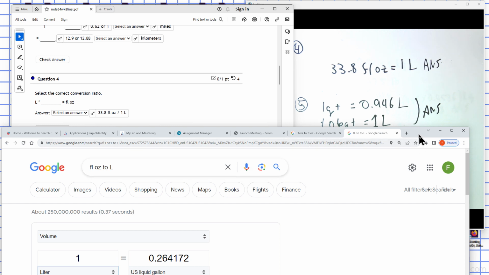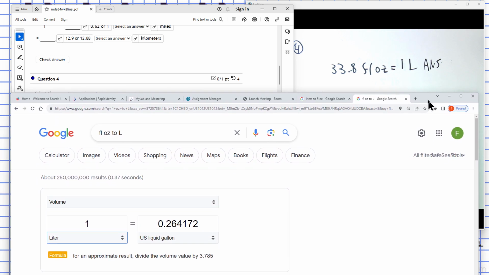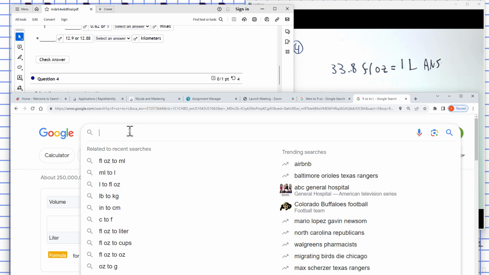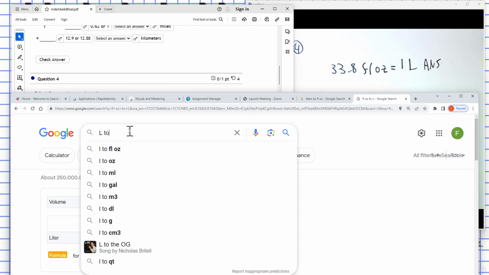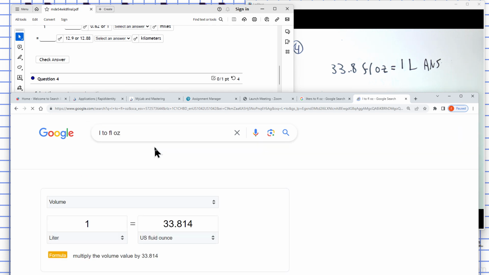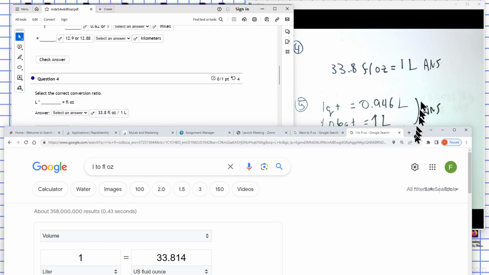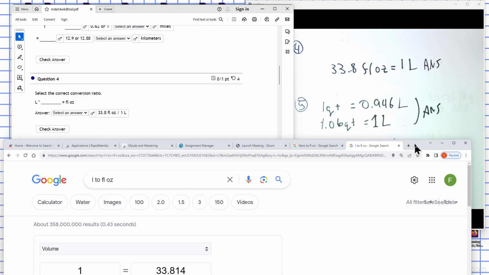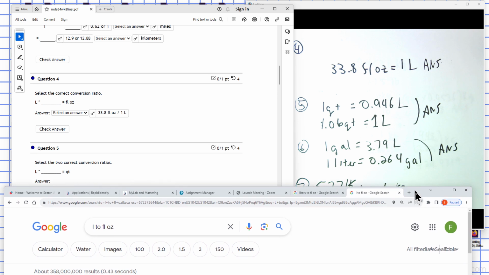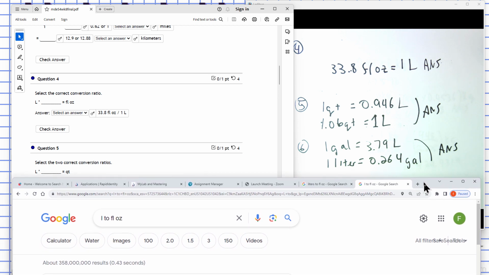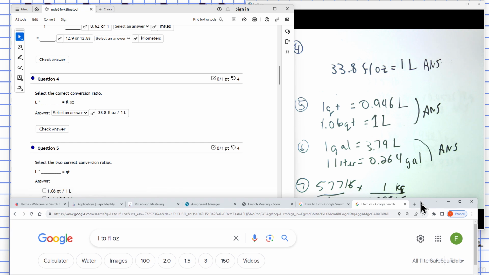So what I can do is go to Google and just search liters to fluid ounces. And that's what I got. And that's what the answer is there. 1 liter is 33.8.